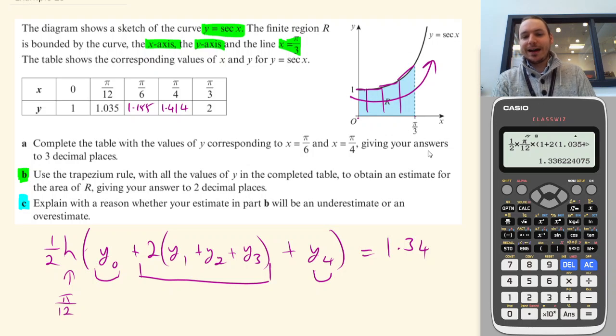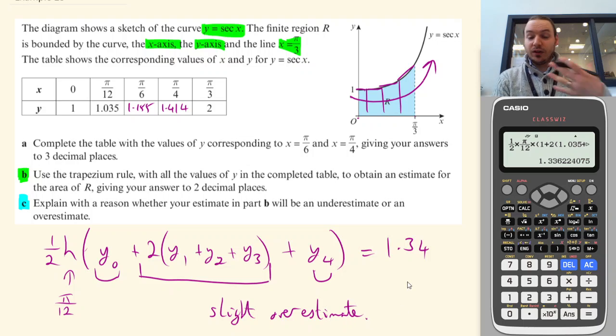So the area I have is definitely going to be a slight overestimate. And it's going to be an overestimate because this curve is increasing, so my trapezium lines are above it.